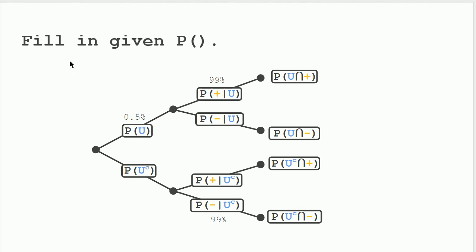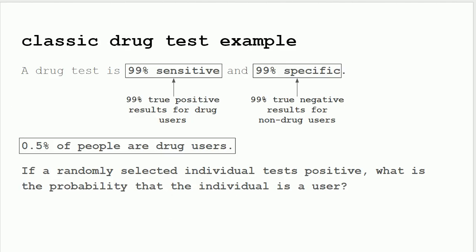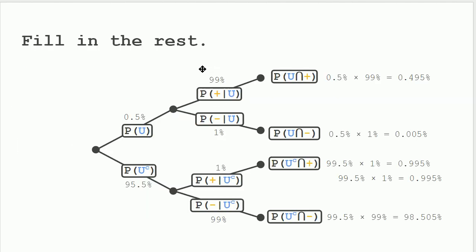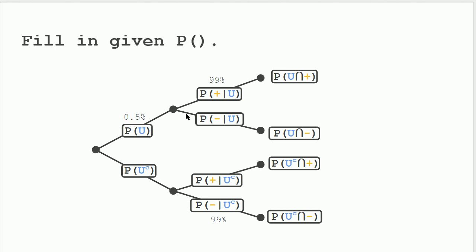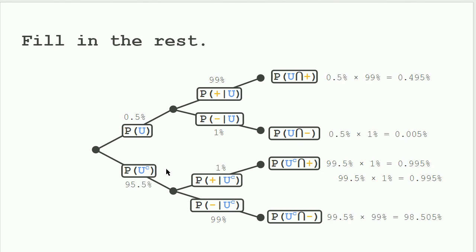This refers to 99% sensitive. This refers to 99% specific. Okay? Just remember that. And then you can just do simple adding and subtracting, and multiplication to get the rest of the numbers, all right?